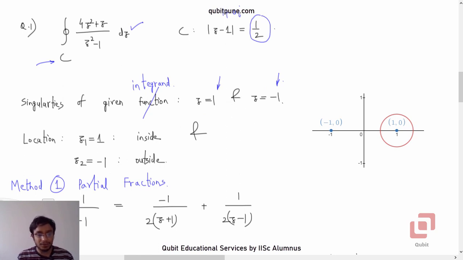Now observe the following. If you substitute z equal to 1 in the left hand side of the equation of the curve, what will you get? You will get mod of 1 minus 1, which is 0. In fact, this is the center of the circle. Is it less than 1 by 2? So this point z equal to 1 lies inside, as you can see here, this blue dot.